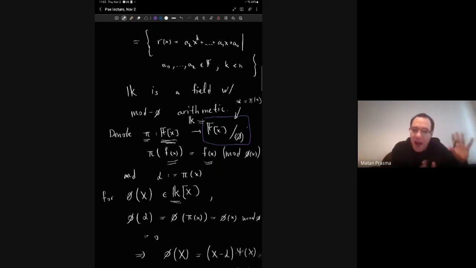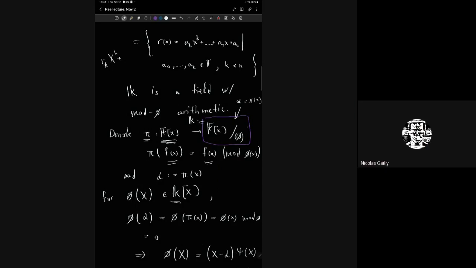Polynomials over K are kind of a weird creature, because they would be like, let's say, r_k x to the k, but the r_k is itself a polynomial.